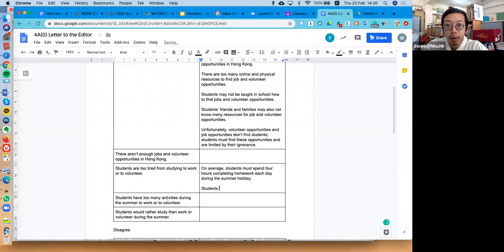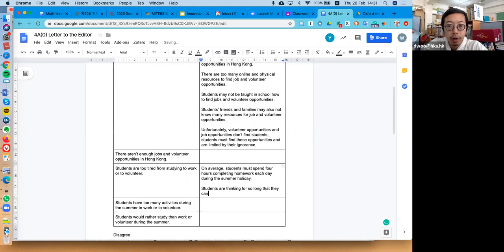Students are thinking for so long that they cannot concentrate on anything else.